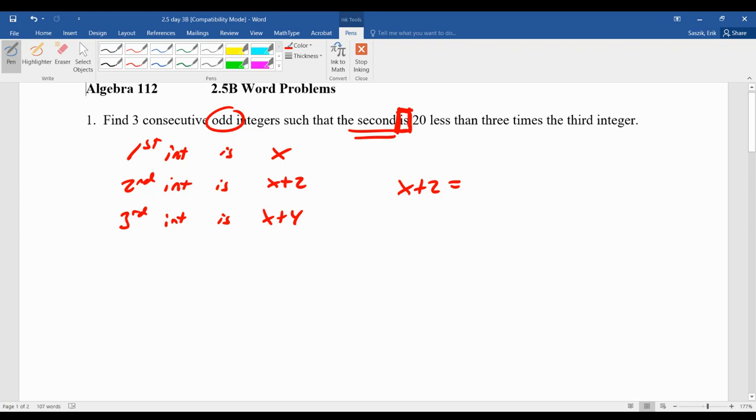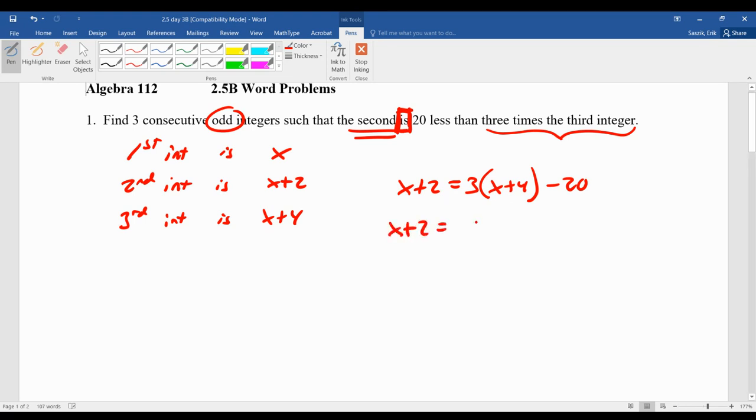The less than means something minus 20. So 20 less than what? 3 times the third. So that's the third. 3 times the third minus 20. There is our equation. We just took those words and translated that into an equation.